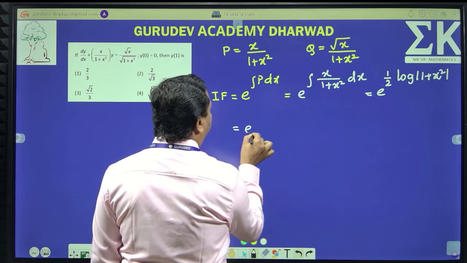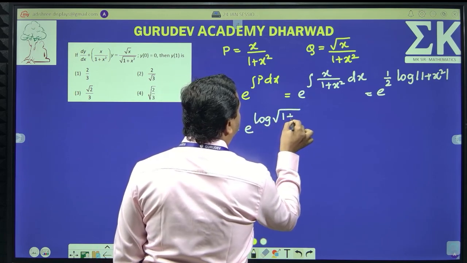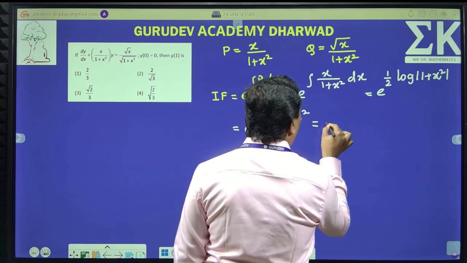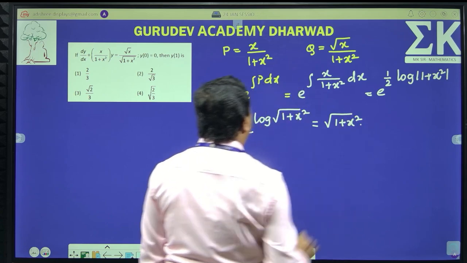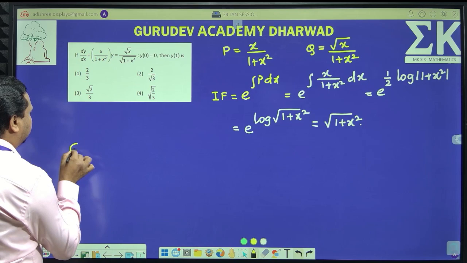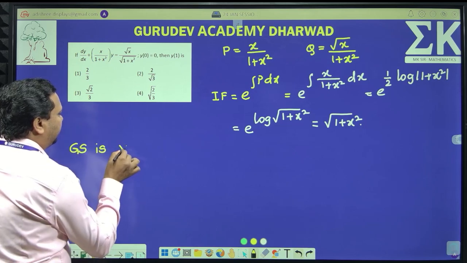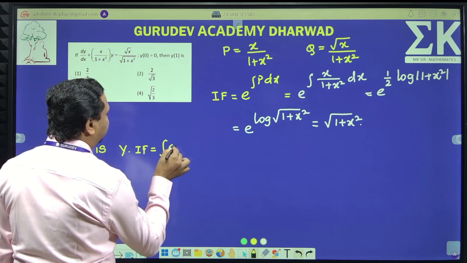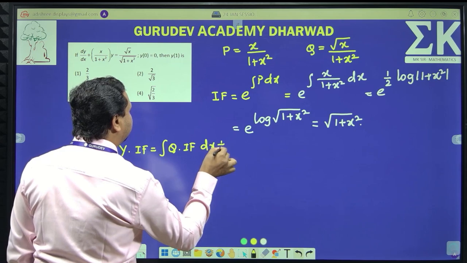e to the power log square root of 1 plus x square. Again, by the property of e to the power log f of x, it will become only square root of 1 plus x square. This is the integrating factor. Therefore, what is the general solution? The general solution is y into the integrating factor is equal to the integration of q into the integrating factor dx plus c.